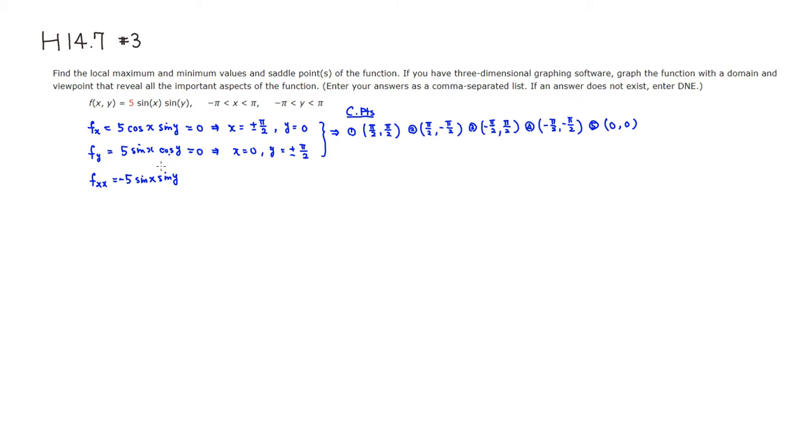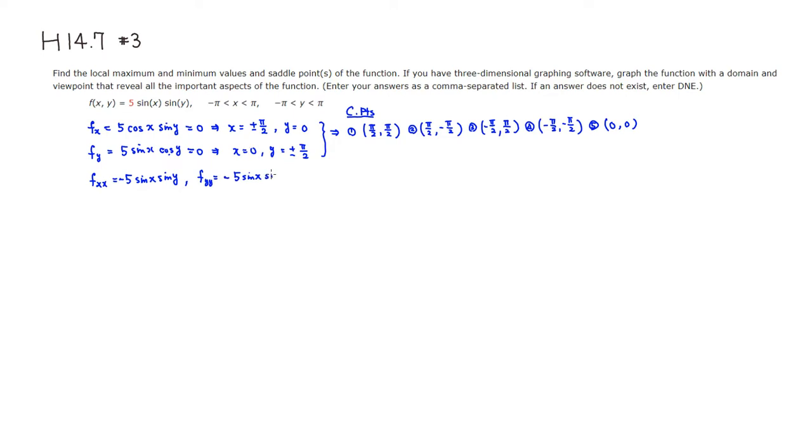The second partial with respect to y is going to be negative 5 sine of x, which is just a number, and the derivative of cosine is negative sine, so I already put the negative there.